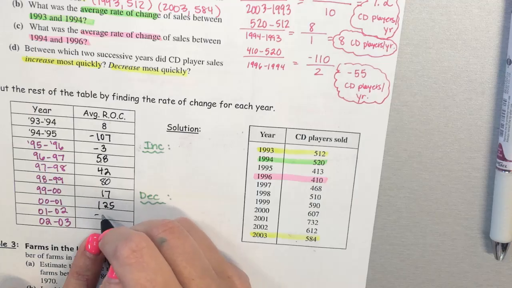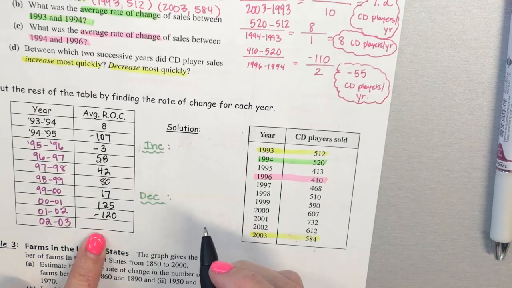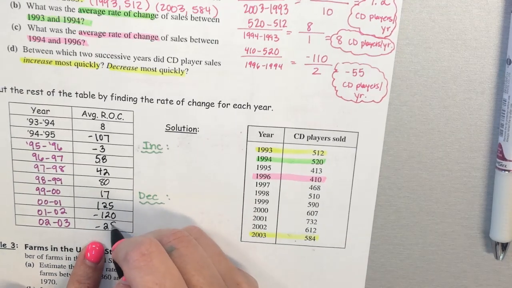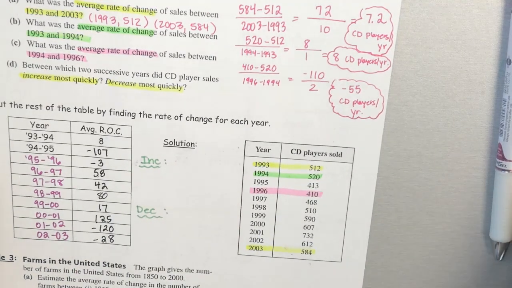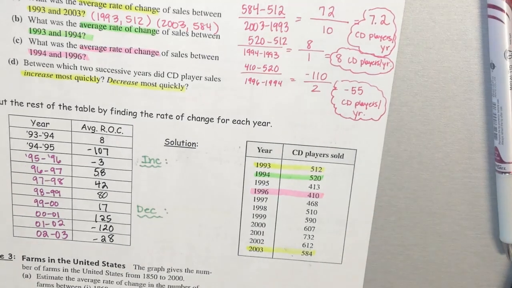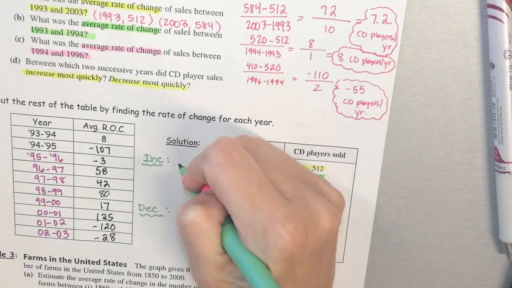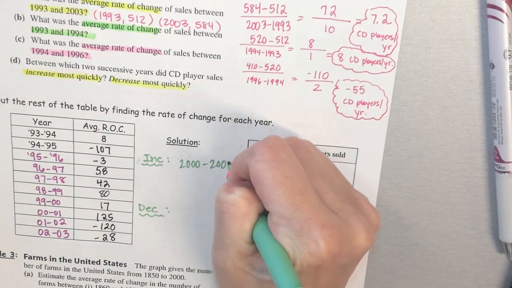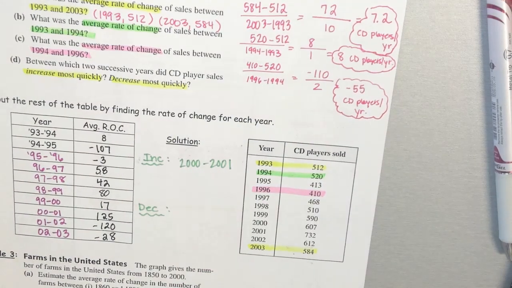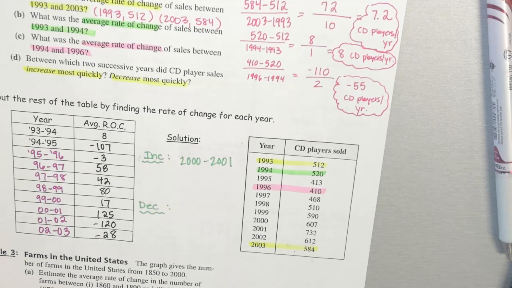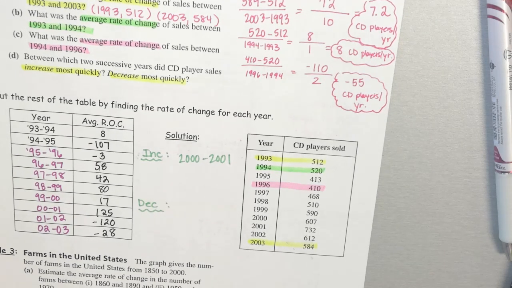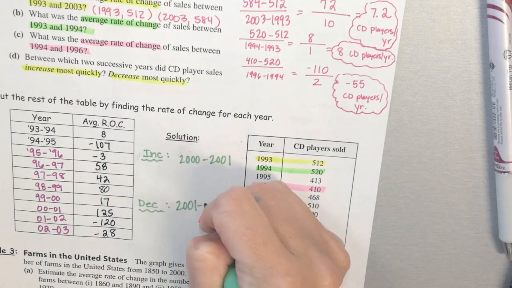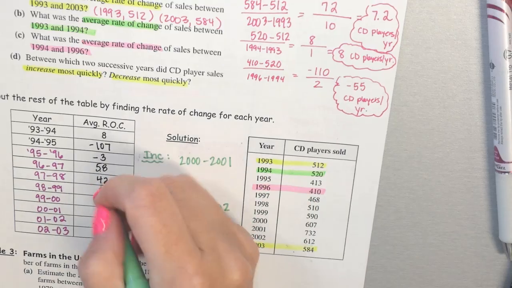Yep, good. And 02 to 03. Negative 28. Great. Okay, so which one increased the fastest? 2000 to 2001. Yeah. And then what about decreased? Oh, 01 to 02. Great.